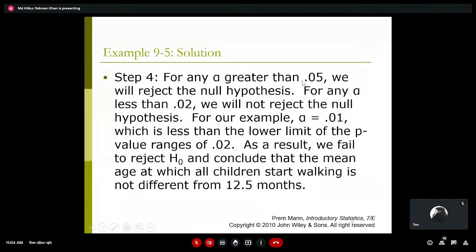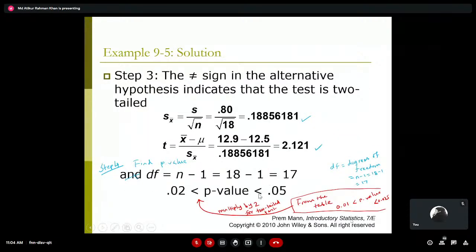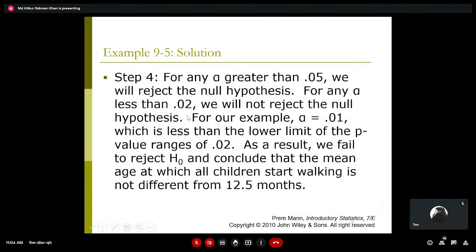For any alpha greater than 0.05, we reject the null hypothesis. Why? Because we always consider the upper p-value. If the p-value is within a range, we should always consider the upper one. So the upper value in the p-value range is 0.05, which is greater than alpha, so we do not reject the null hypothesis.